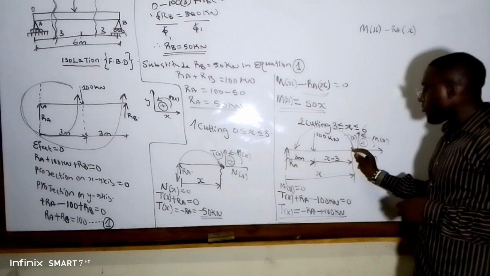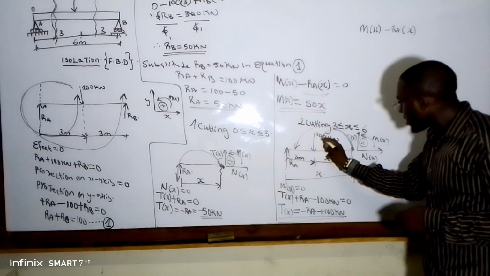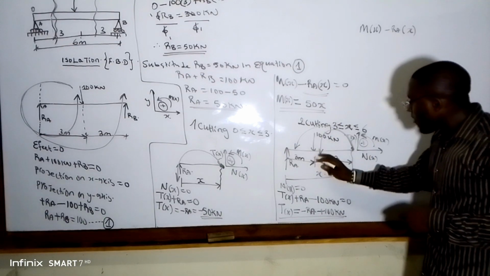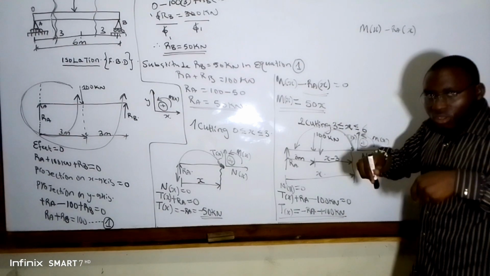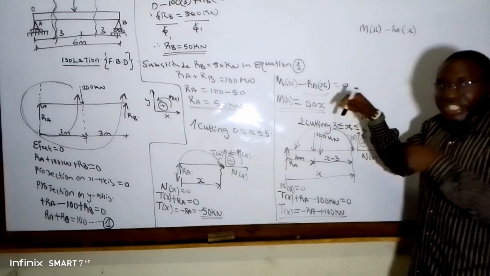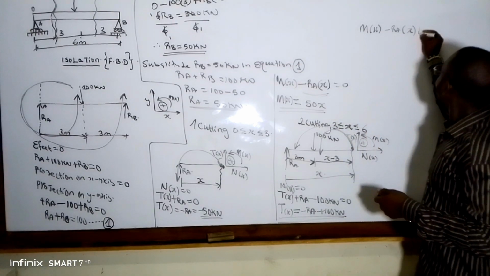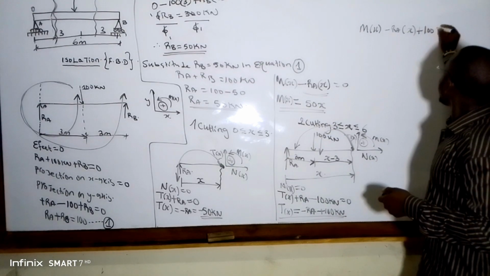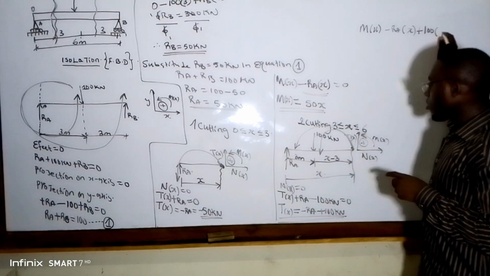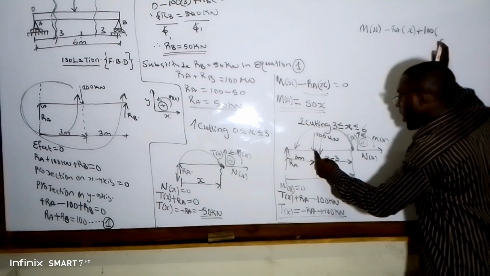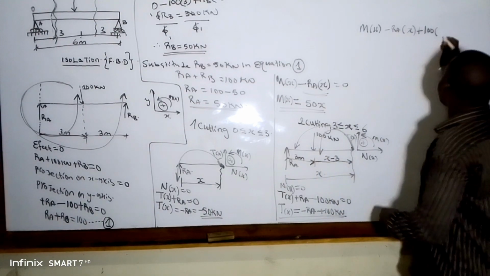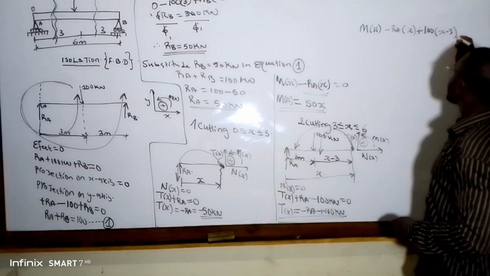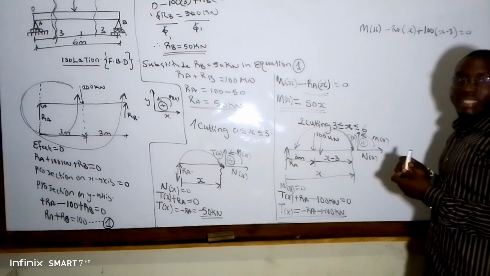This is our center of moment. Our moment is rotating like this. We discover our 100 kilonewton is moving in the same direction as our orientation. So it receives a plus 100 times the perpendicular distance, or the lever arm, from our center of moment to the force, which is x minus 3. So x minus 3, we equate it equal to 0.